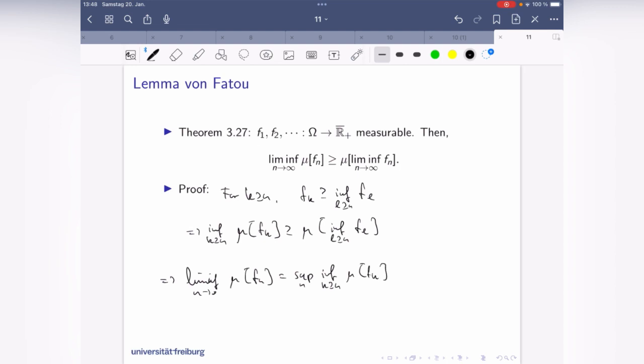We have that the infimum is bigger than this here, and the sup stays outside: mu of inf over k bigger or equal than n of fk.